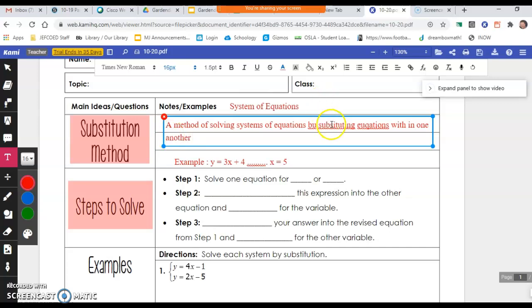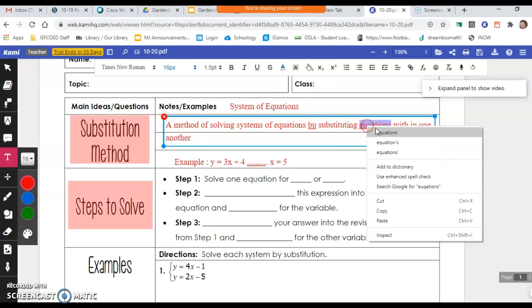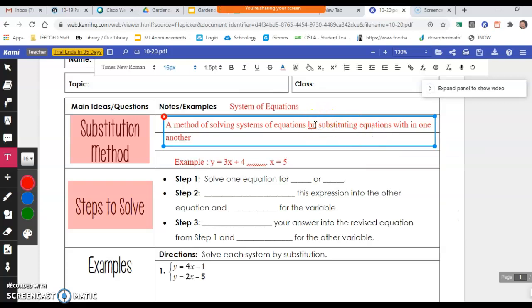I'm going to fix my spelling. Okay, so it's a method of solving systems of equations by substituting equations within one another.